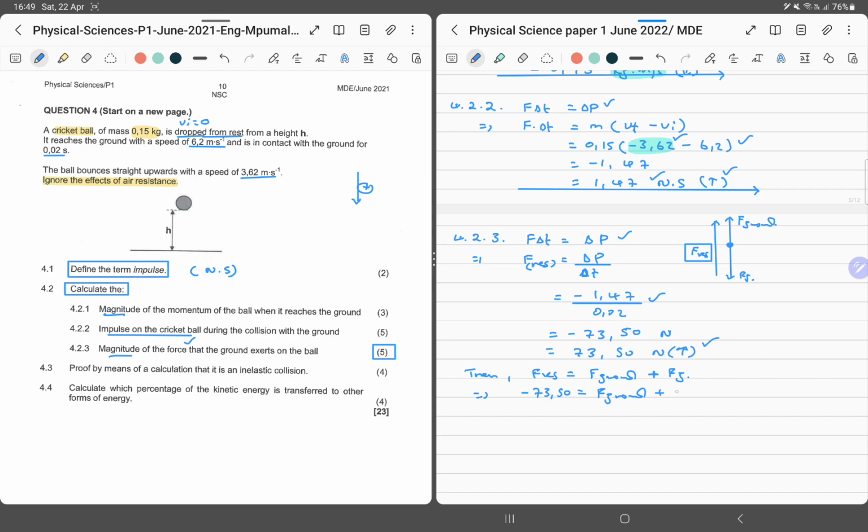What is the mass of this object? It's 0,15 into 9,8. So therefore, the F by the ground is going to be minus 73,50.